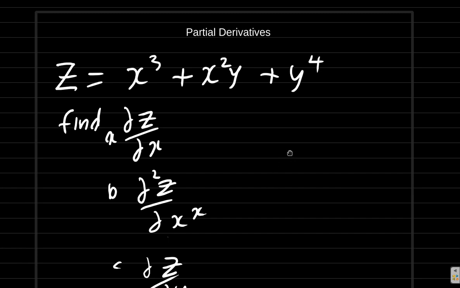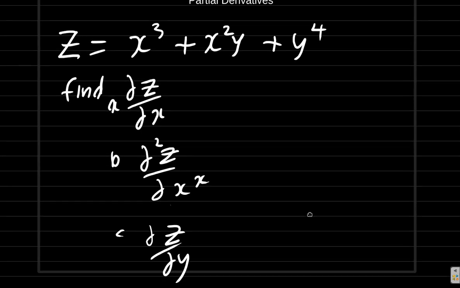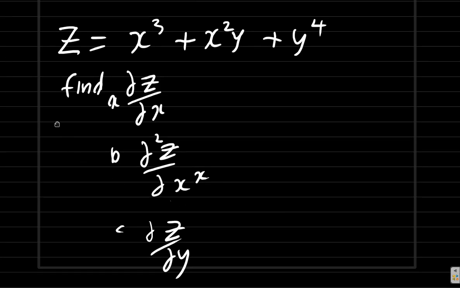You're supposed to find the partial derivative of z with respect to x, and the second partial derivative of z with respect to x squared. So it's delta square z by delta x squared.